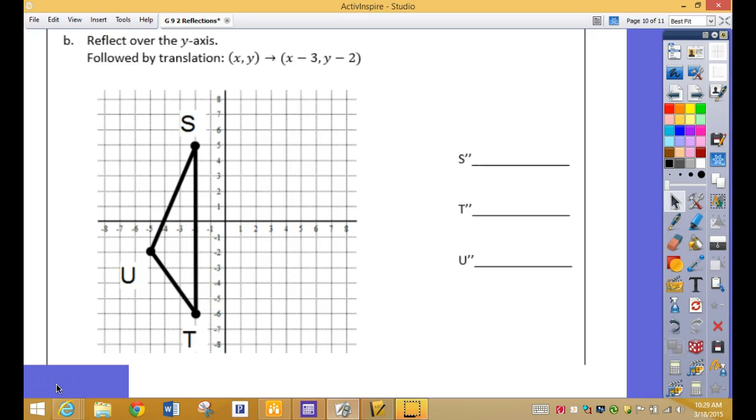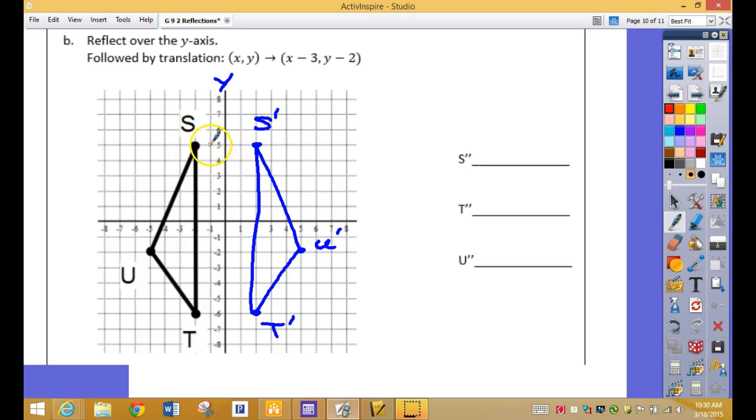All right. So due to time, you don't have to do this one, but you can watch to see the last one in your notes if you want. Because on this one, you have to do a reflection in the y-axis first. 2. The -5. So there's our reflection over the y-axis. Then they want us to translate x -3, y -2. So that means left 3, down 2.